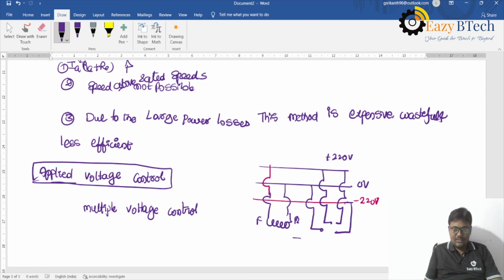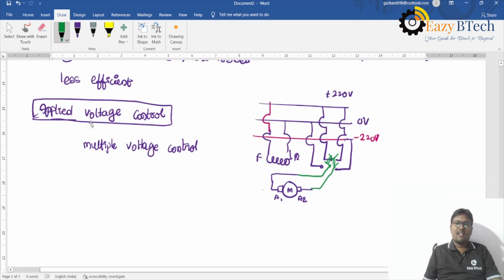So this is given to the armature. This is your armature, the motor A1 and A2. I am representing the other lines. See, two working voltages we can apply.